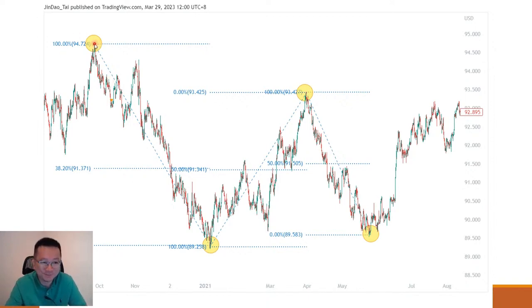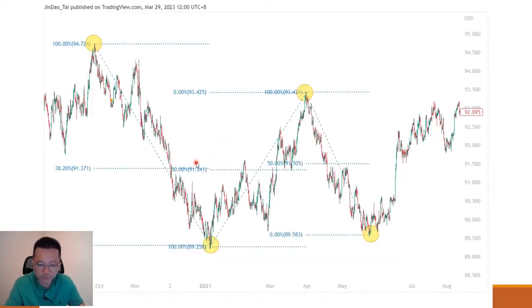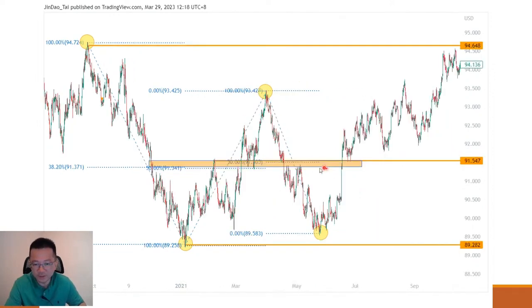All right. So like I was just sharing with you over here, we have that confluence level. To give you an easier view, you draw that confluence level right across 38.2 and 50%. That's the area. You see that this is the most recent.